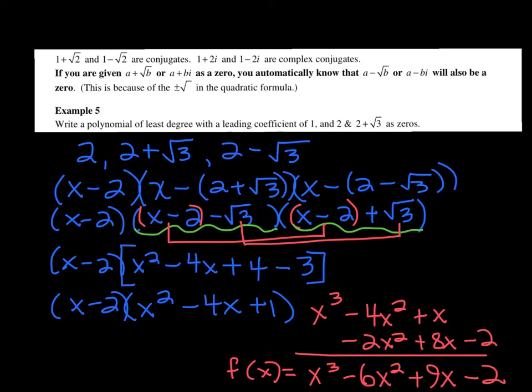Remember, I can bring these to decimal equivalents by putting that in my calculator. 2 plus the square root of 3 is going to be 3.732, and 2 minus the square root of 3 will be 0.268, and I can calculate the zeros on my calculator to make sure that this polynomial goes through these two and the 2.